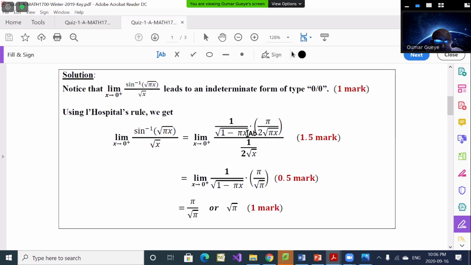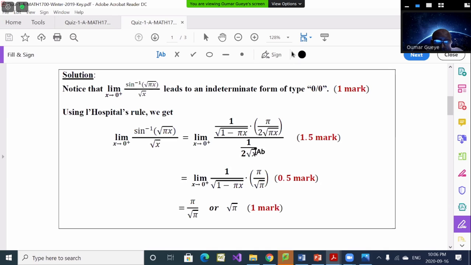If you square root of pi x, it becomes only pi x, times the derivative of root of pi x. The derivative of root of pi x is equal to 1 over 2 root pi x times the derivative of pi x, and the derivative of pi x is pi. That's why the numerator is equal to pi.